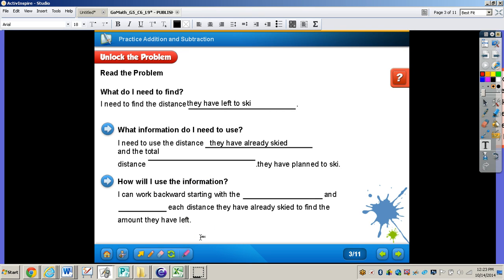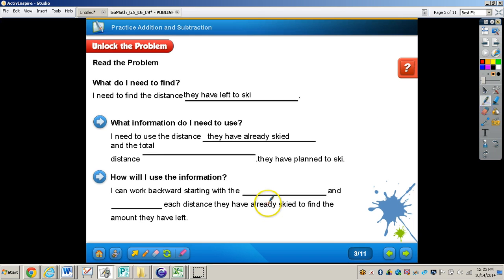What we can do is work backwards by starting with the total distance, and let's write that in. We have done this before with just regular problems, not fractions.